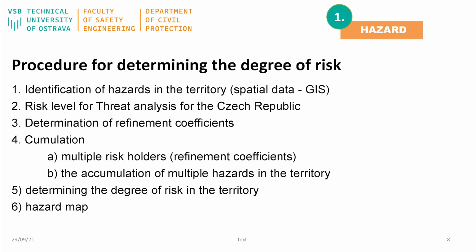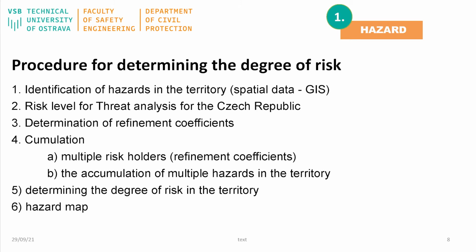Here is the procedure for the degree of the risk. First, we need the identification of the hazards in the territory, but only hazards for which we have data. Yes, we have the geographic data, because it's a very interesting point.